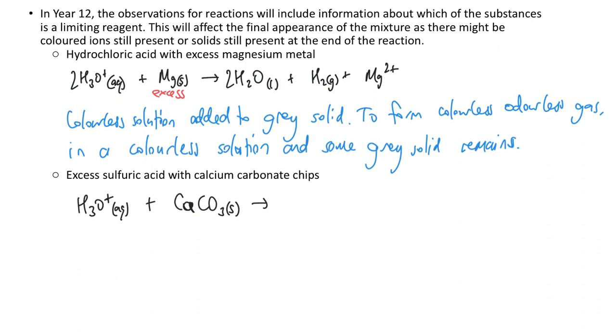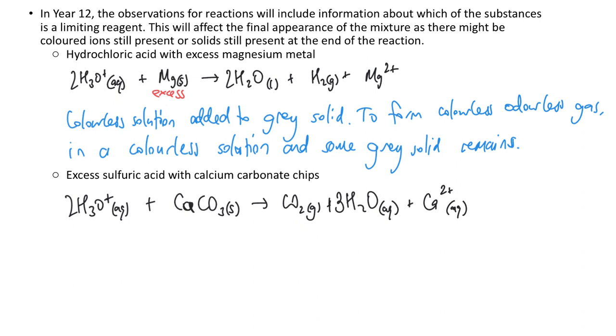Gonna form some carbon dioxide gas, a little bit of water, a little bit of calcium ions, and I think that's about it. All right, you're gonna need two of those, and two of those, three of those. Okay, yep. So that's now balanced.